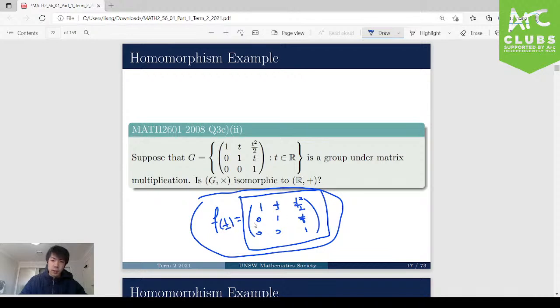For example, if the matrix I'm given has 3 instead of T, so 1, 3, 3 squared on 2, 0, 1, 3, 0, 0, 1, then I would have just selected T equals 3. So whatever is in this matrix, I would just select T equal to that. So it's at least surjective, right?